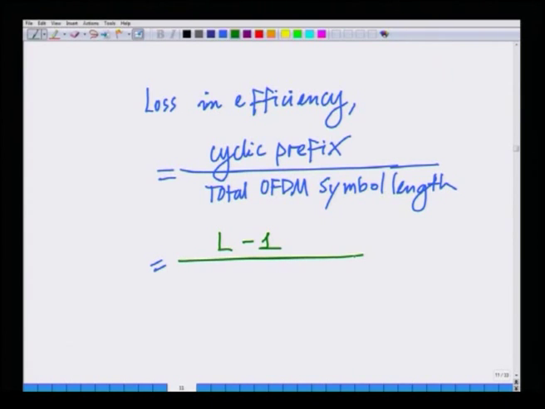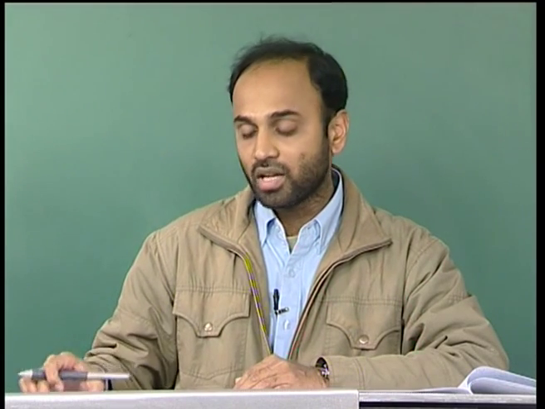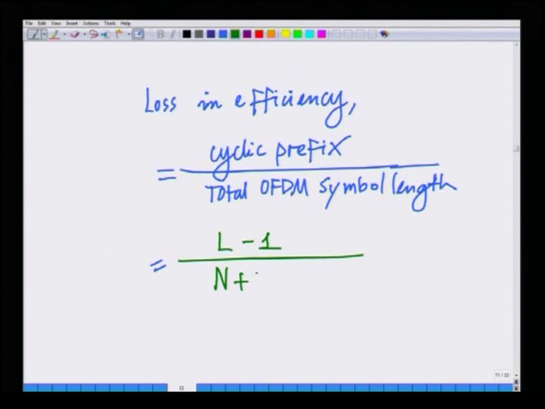The total OFDM symbol length is OFDM samples plus cyclic prefix, which is n plus L minus 1.